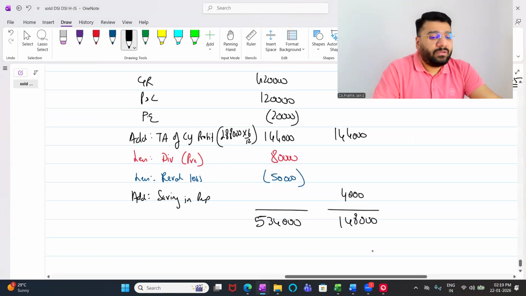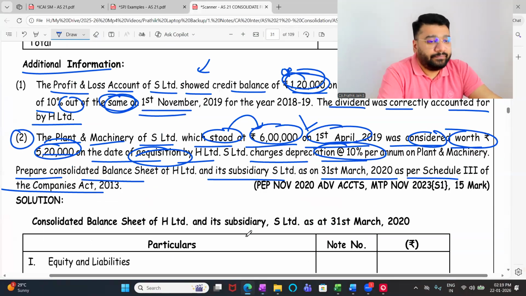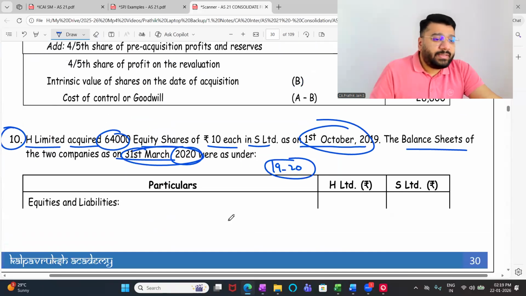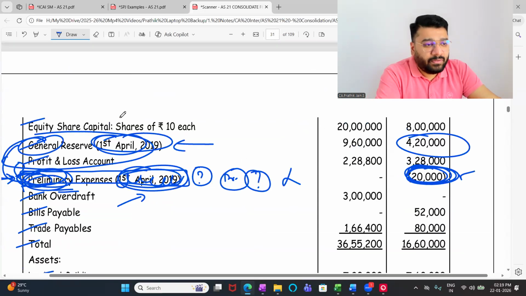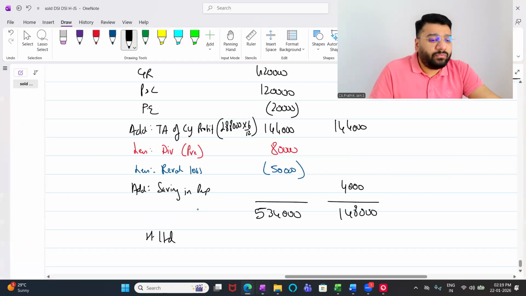1,48,000 total. Now tell me, what is the H Limited percentage? 80%. He has acquired 64,000 shares, and the company has 80,000 shares. Out of 80,000, 64,000 is 80%. 8 eights are 64.